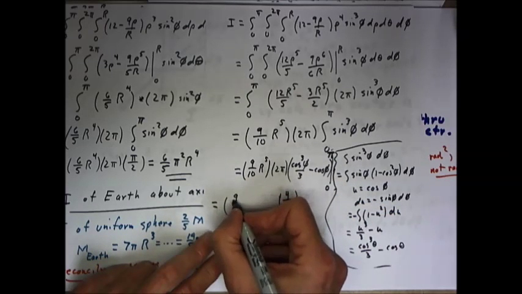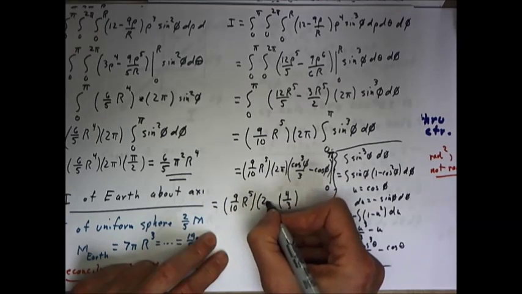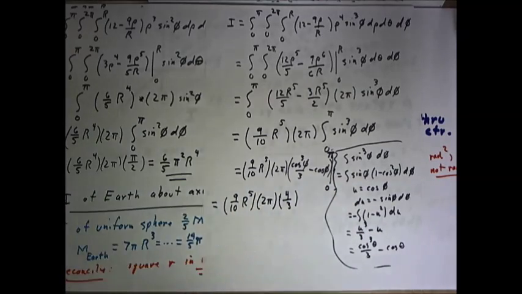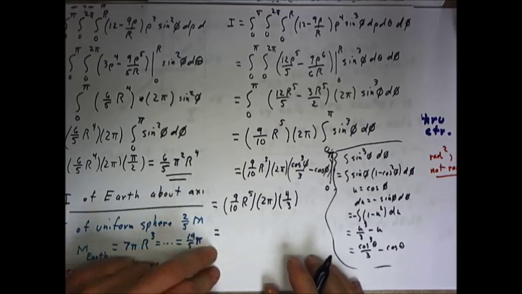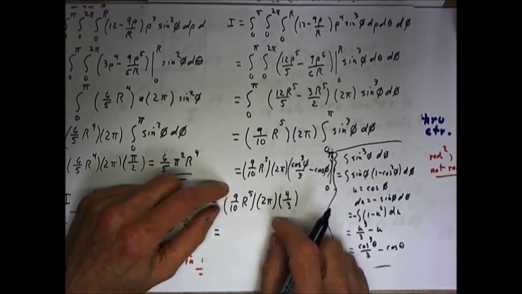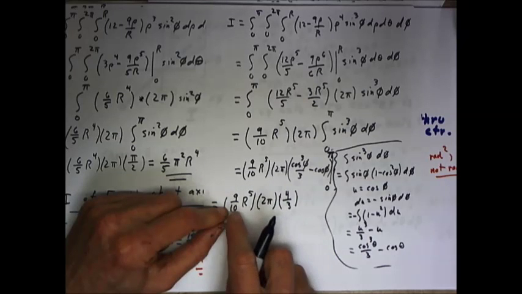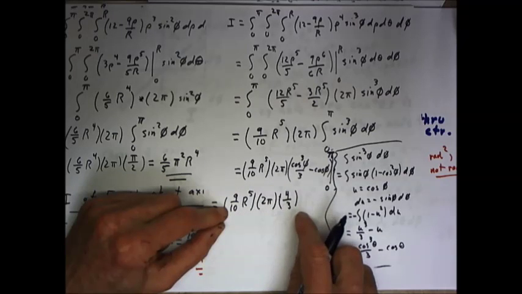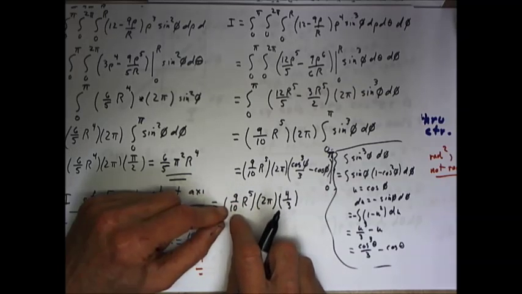So we're going to have 9/10 r to the 5th multiplied by 2 pi, times 4/3. 2 divides into 10 5 times, and the 3 goes into the 9, so we'll have a 3 over 5.